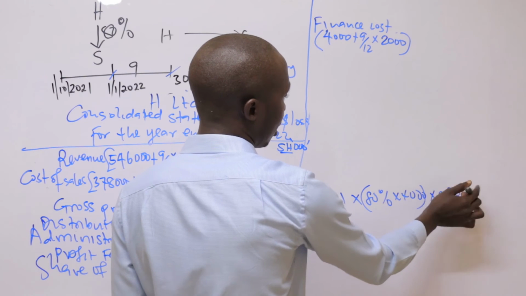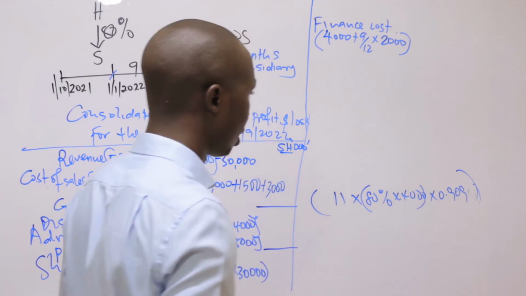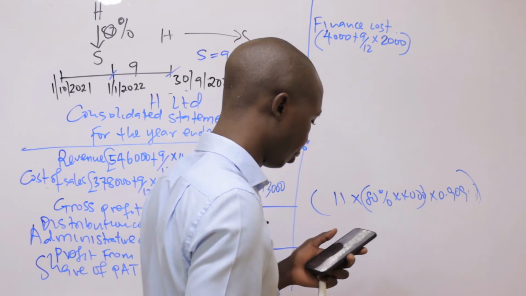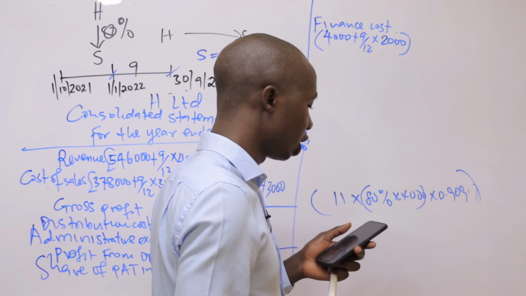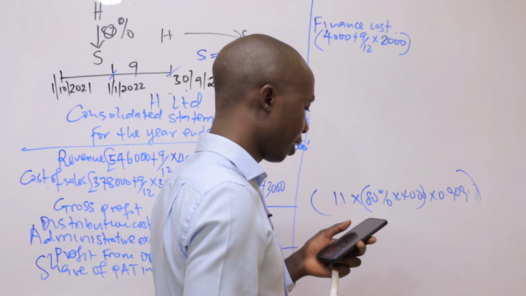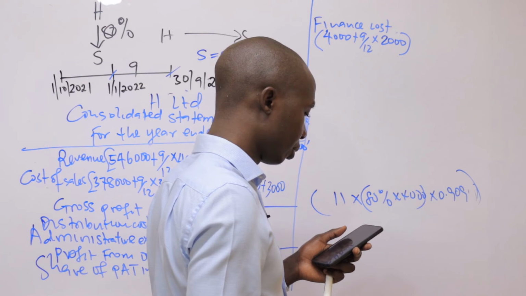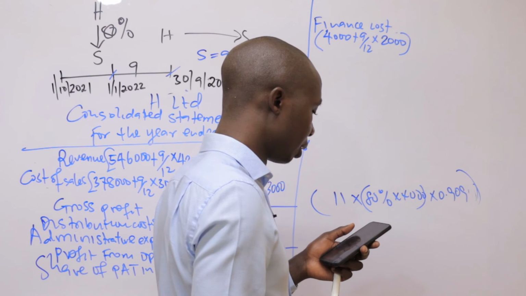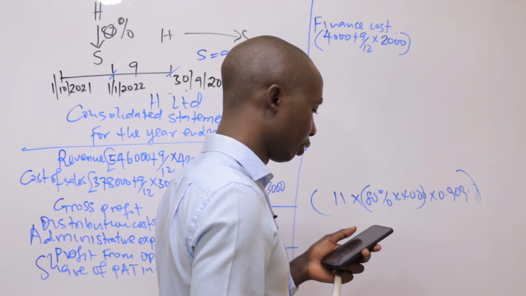In that question, paragraph 3, they said: additionally, H will pay further consideration on 31st December 2022 of shillings 11 per share acquired. H Limited's cost of capital is 10% per annum, and the discount factor.